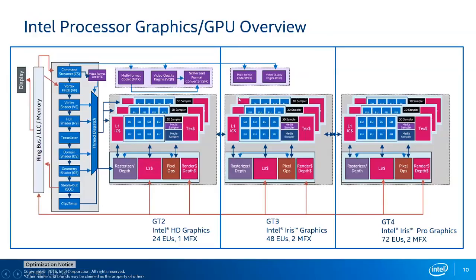And then you can also see how the unslice lays out as well, where with GT2 you get 1 of these VD boxes or MFX boxes, and 1 VE box or video quality engine, and with GT3 and GT4 you get another one.